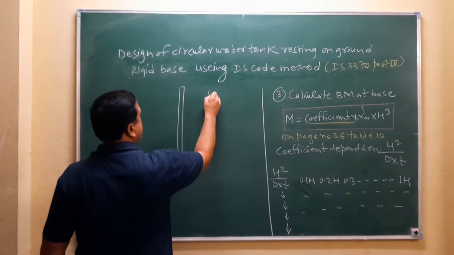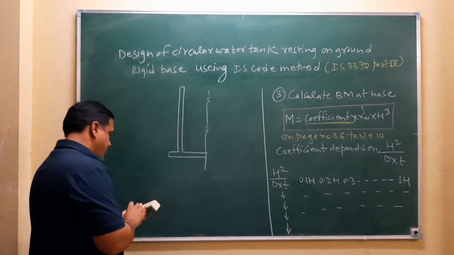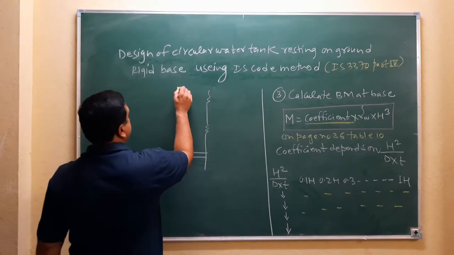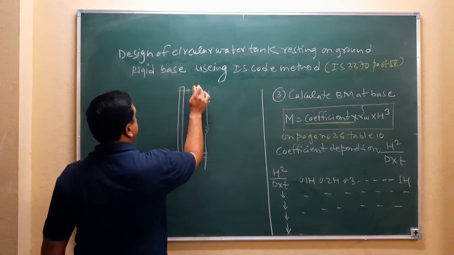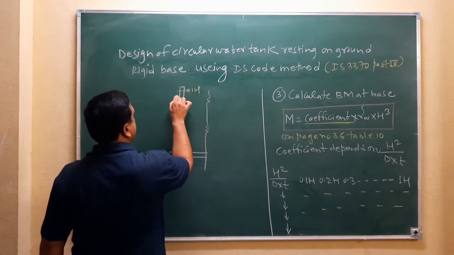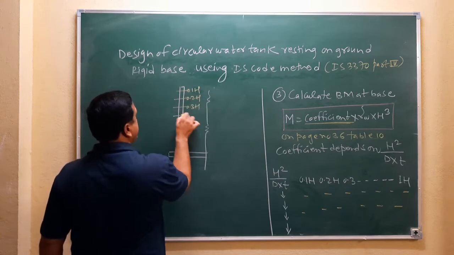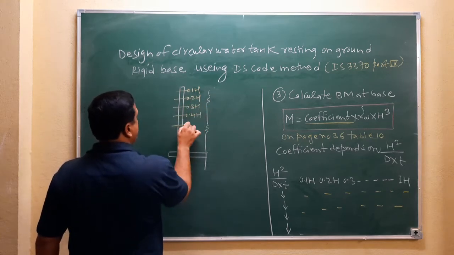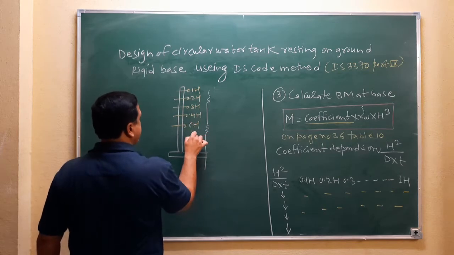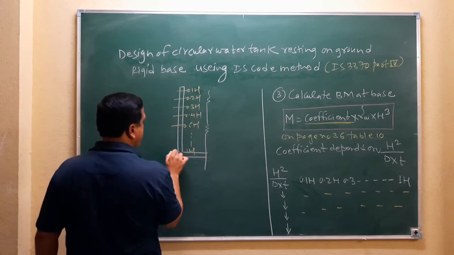the cross sectional view of a tank. At top, at 0.1h, 0.2h, at this 0.3h, 0.4h, 0.5h, like this up to exactly 1h.